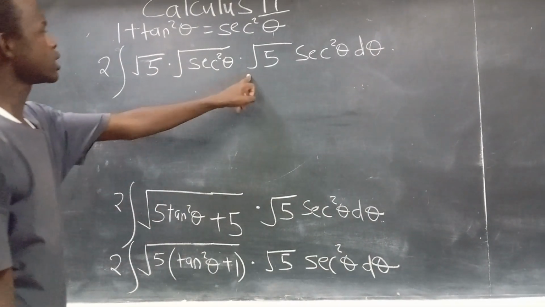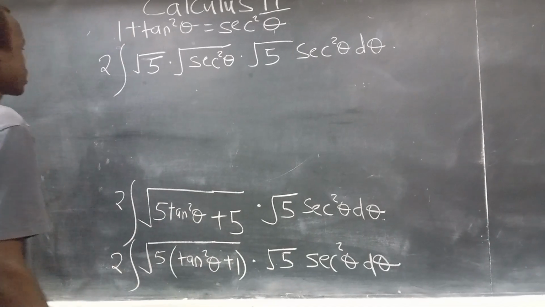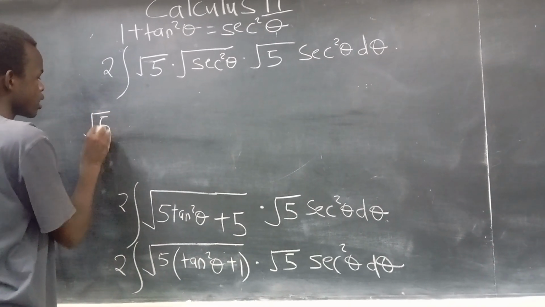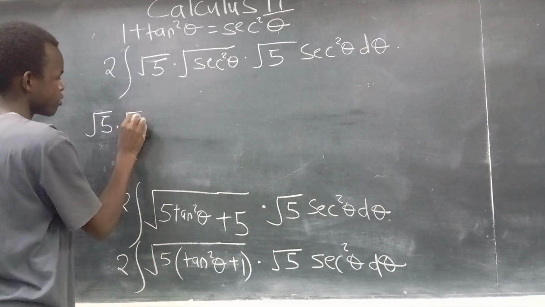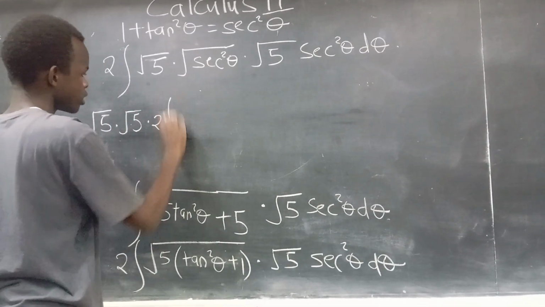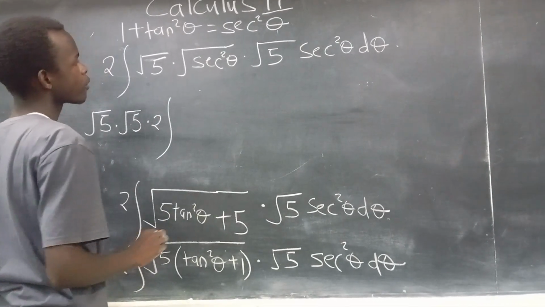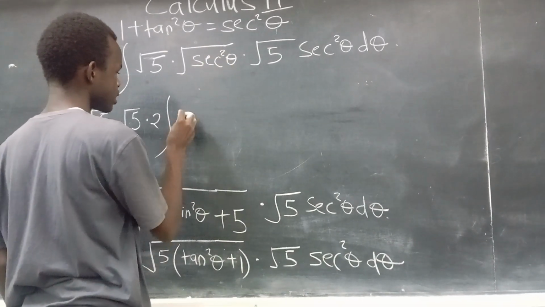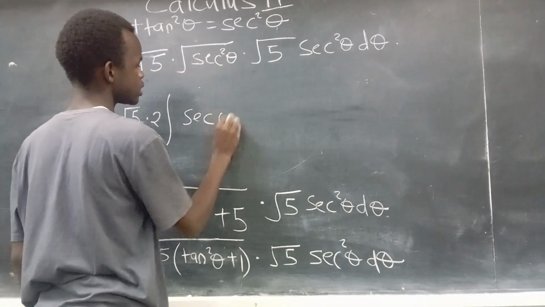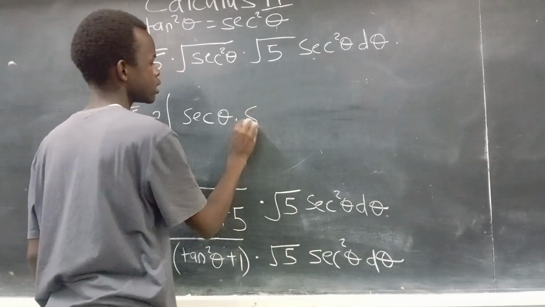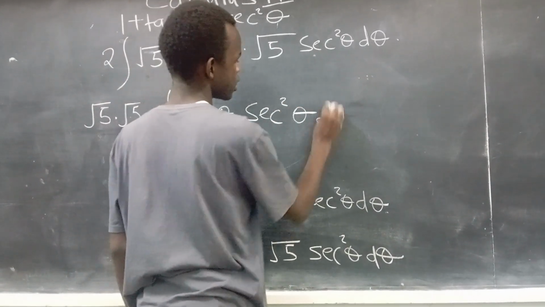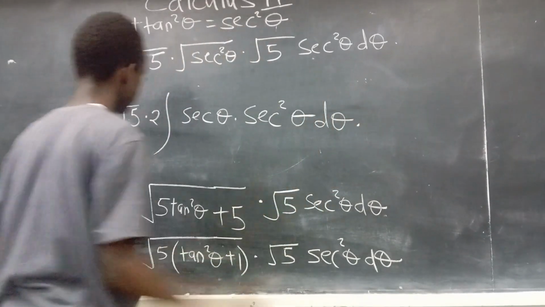So I'll just take all my constant terms outside. I'll be remaining with the rad of 5 multiplied by rad of 5 multiplied by 2, the integral of the square root of secant squared, which is just secant theta, multiplied by secant squared of theta d theta, right?